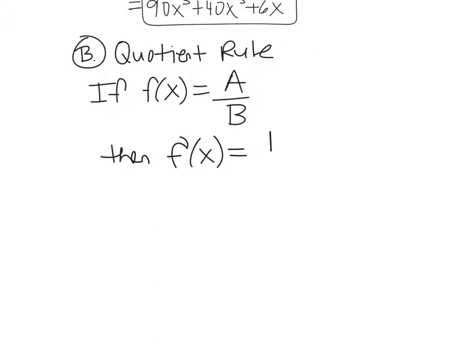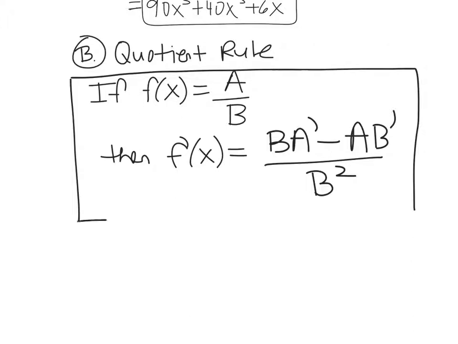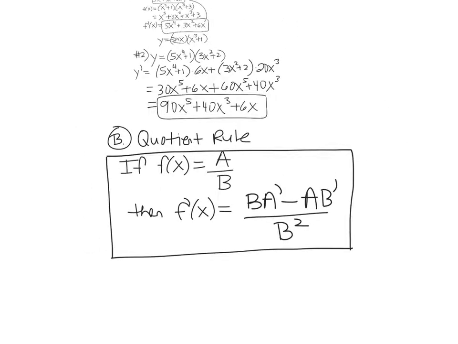It's b a prime minus a b prime over b squared. Pretty bad, huh? You know what's even worse is proving that. We're not going to. So that's pretty much the product rule over b squared, but you have to make sure that you do b a prime first, because minus matters.